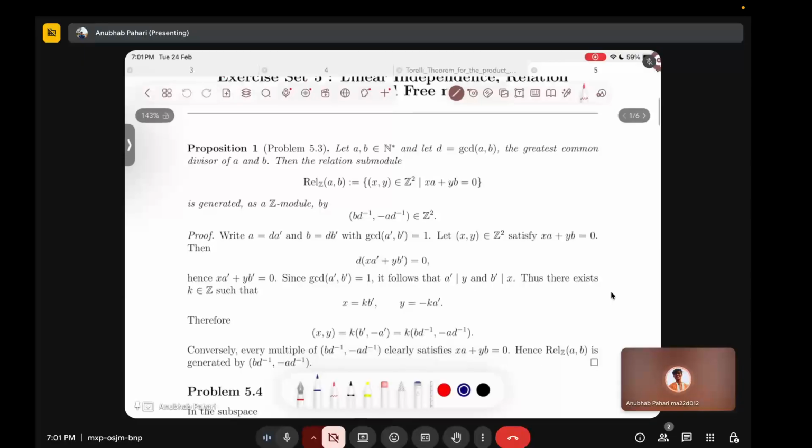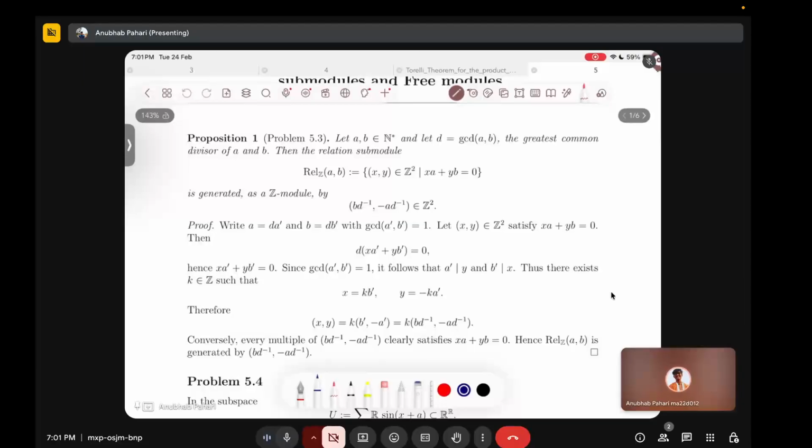Then the relation sum module, denoted by Rel_Z(a, b), equals (x, y) coming from Z^2 such that xa plus yb equals 0.